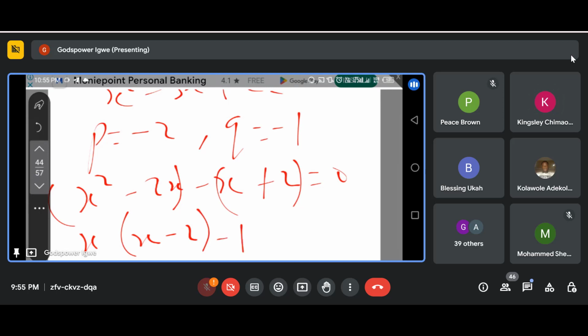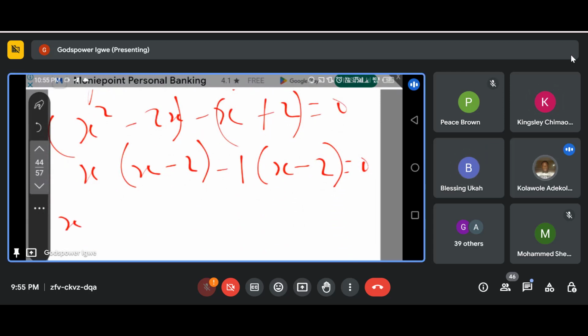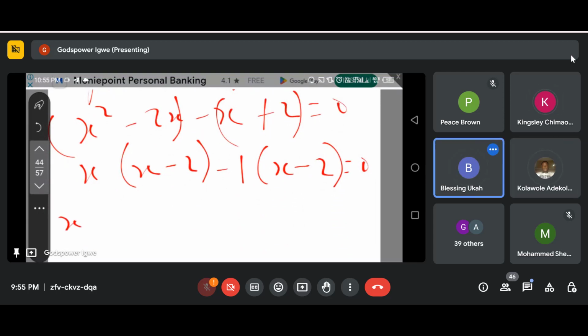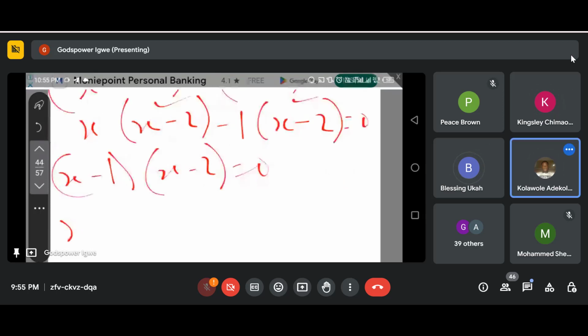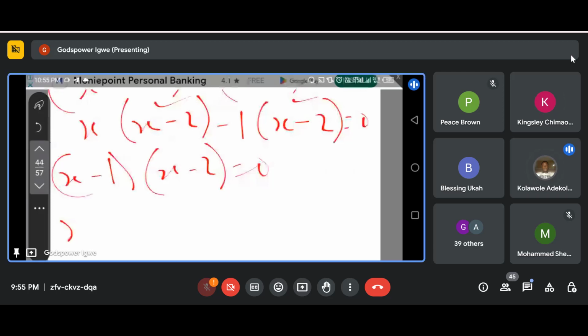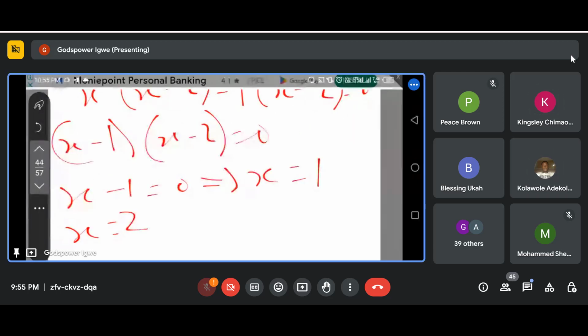And if we take minus 1, this will be x minus 2 equal to 0. So this will be x minus 1, the positive 1, then x equal to x minus 2.